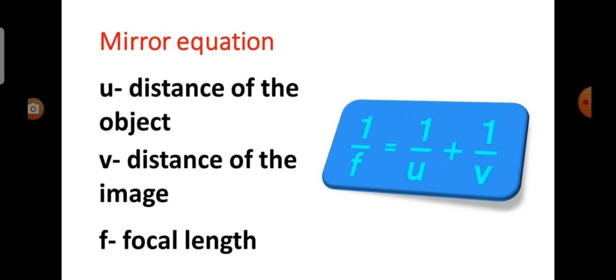Now you see the mirror equation. The expression relating the distance of the object, distance of image, and the focal length of a spherical mirror is called the mirror equation. That is 1/f = 1/u + 1/v.